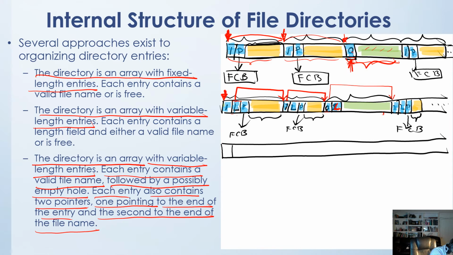We have a K, we have an L, and then we have a pointer to the FCB, and the K points to the end of the entry.